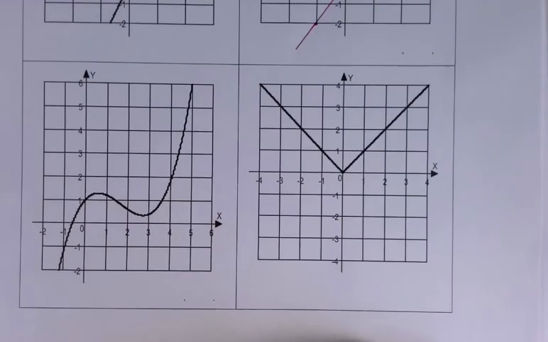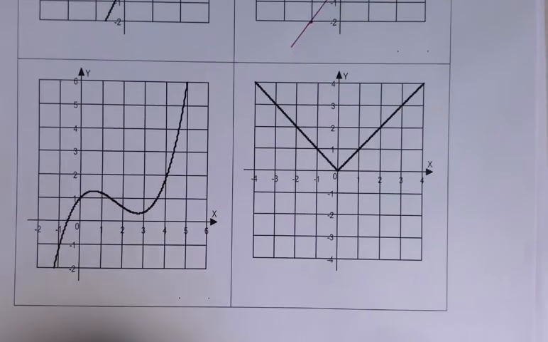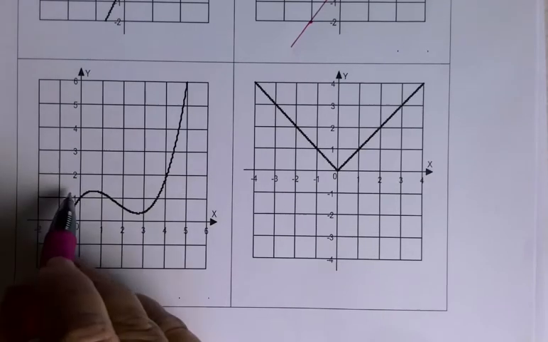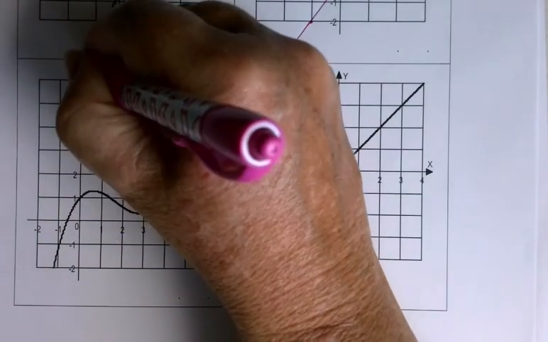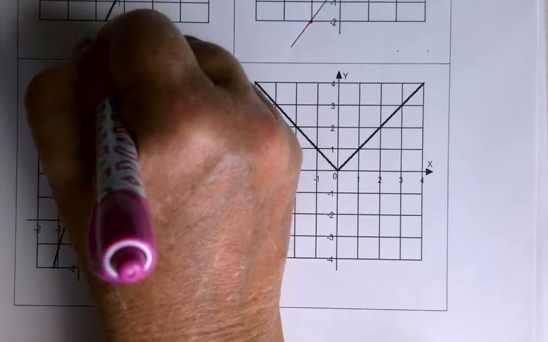So in the third example, right here, do you see any places where you'd have that horizontal tangent line, where the slope or derivative would be 0? And I'm going to say, yeah, right here, right? If you were to draw a tangent line, it would be horizontal. And right about here, that means the slope or derivative would be 0.